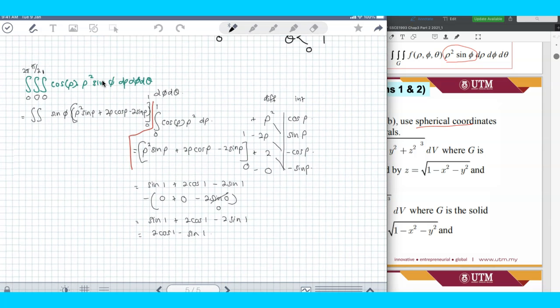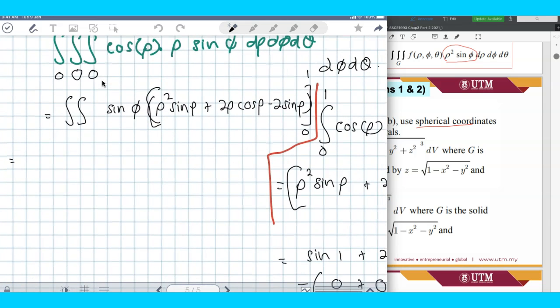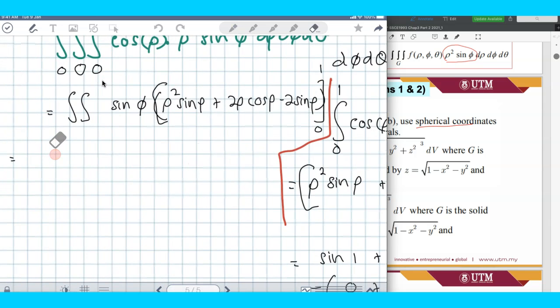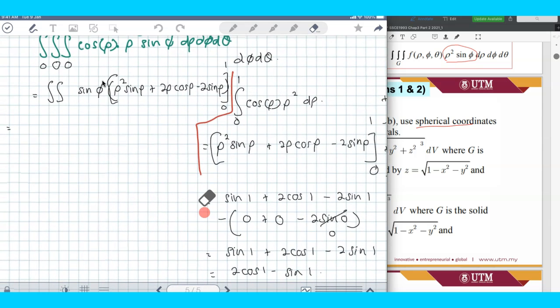Okay, and then I copy the answer over here: 2 cos 1 minus sine 1. And now I integrate sine phi d phi d theta.